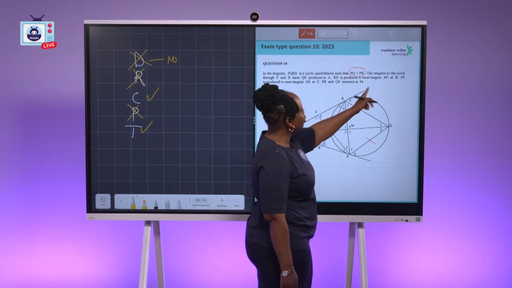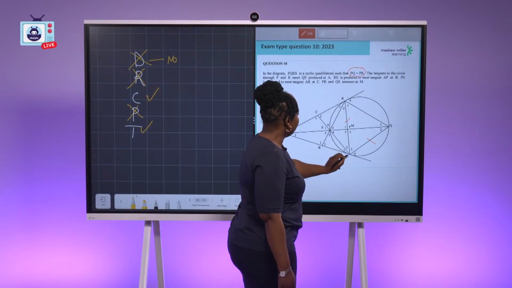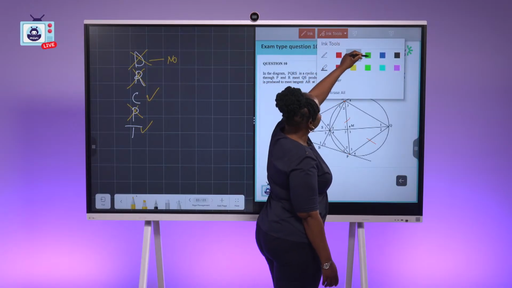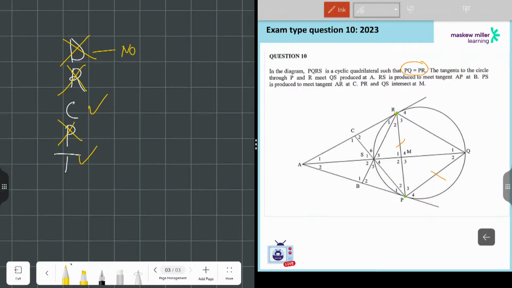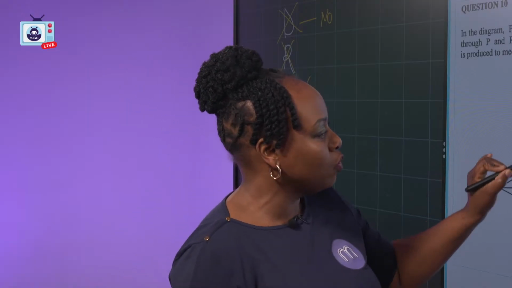They say the tangent to the circle through P and R. So I know that these two points are the points that allow the tangents to touch the circle. And when I get that, I go back to my brain and say there's a theorem: if there are two tangents from the same point to the circumference, they are equal in length. That is the theorem we have to think about.